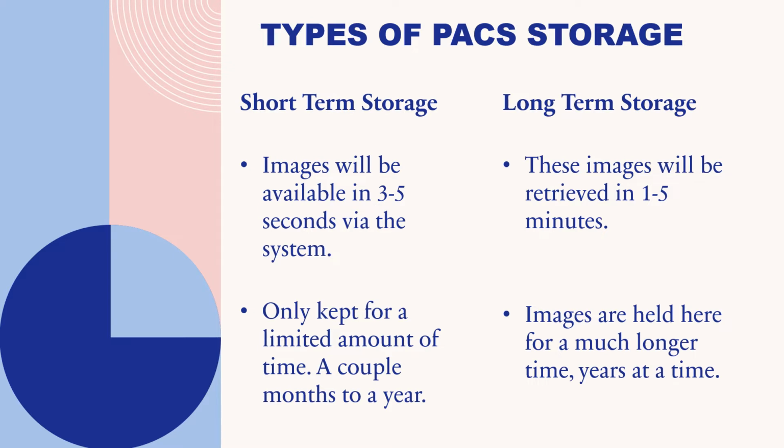The long-term storage takes a little bit longer to pull up these images, and they can be held for a much longer time, if not years. Short-term storage is for more recent visits, as long-term storage is for visits that may have taken place well over a year ago, if not years ago.